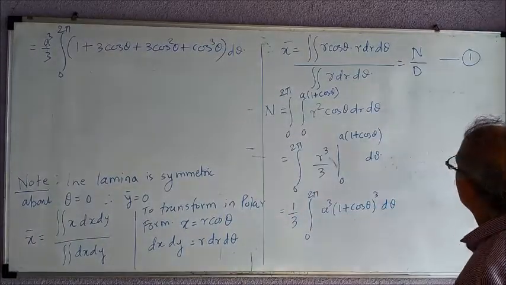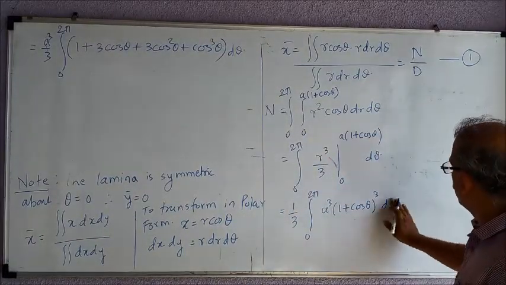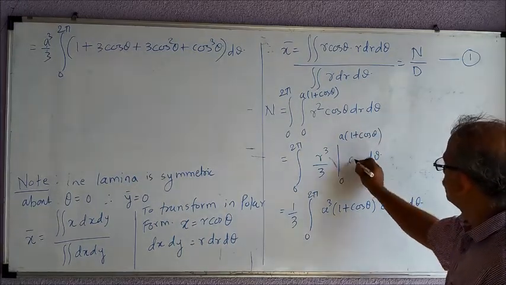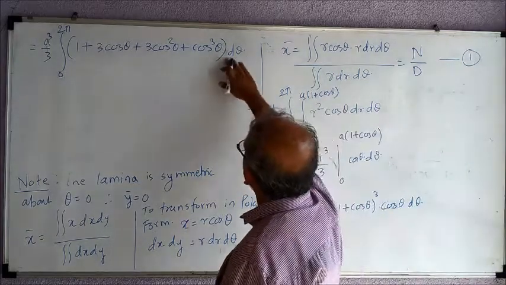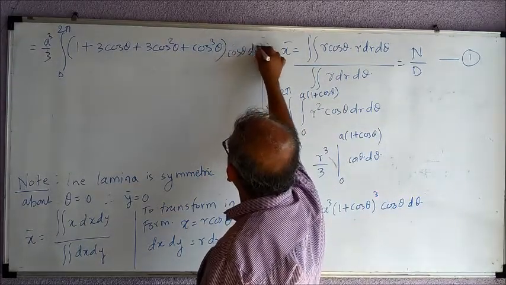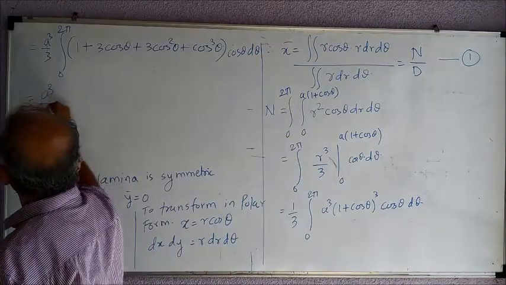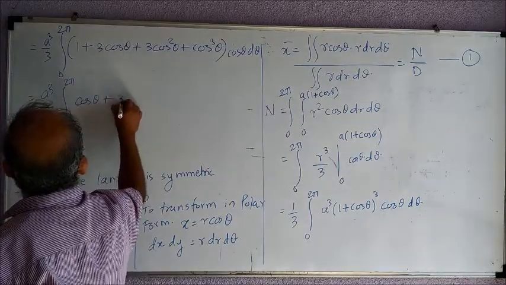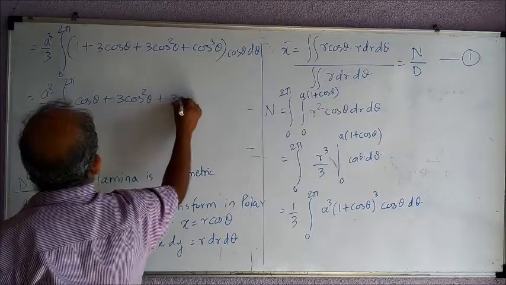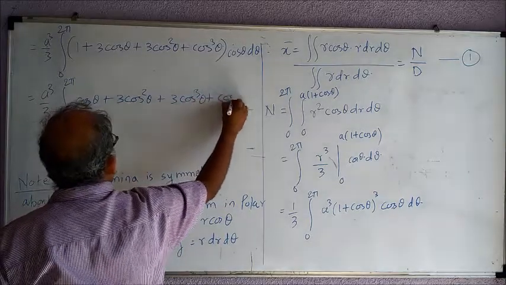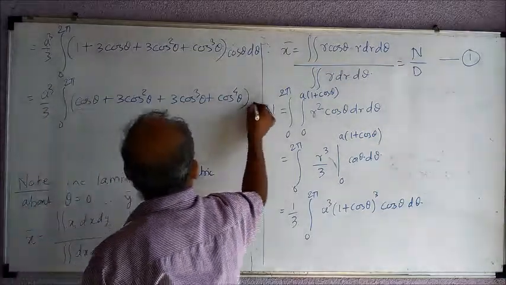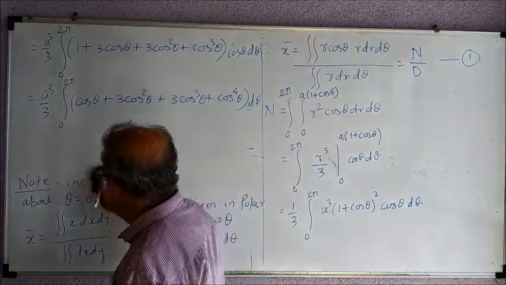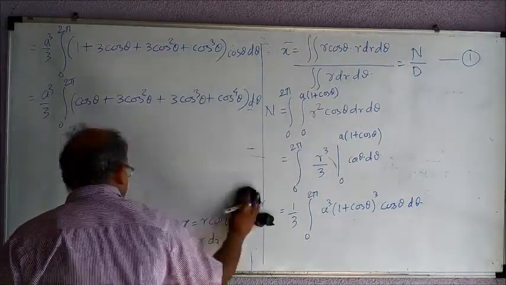And one more cos theta is there, which I forgot. That also we need to take care of here. So this is further a cube by 3, 0 to 2 pi, and now I'll take that cos theta inside. Now we will separate out these integrations and solve them one by one.